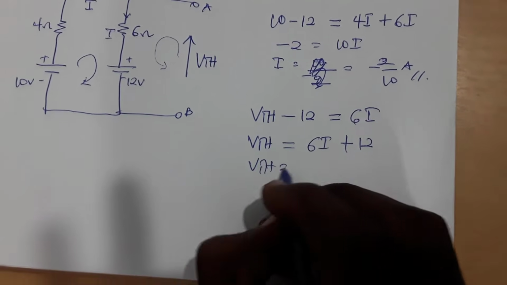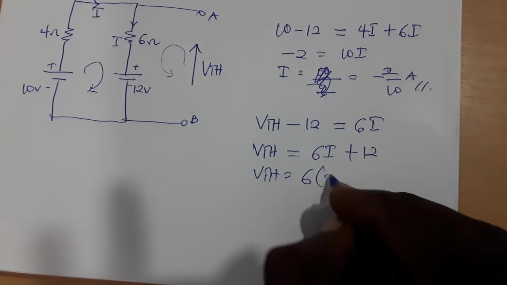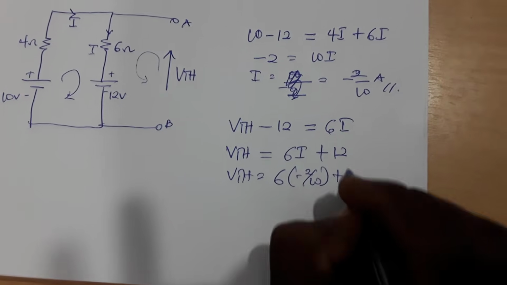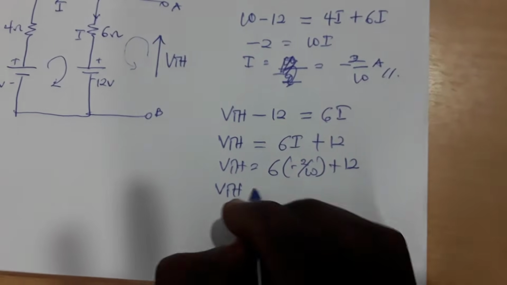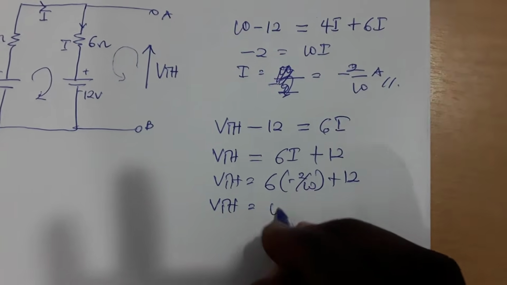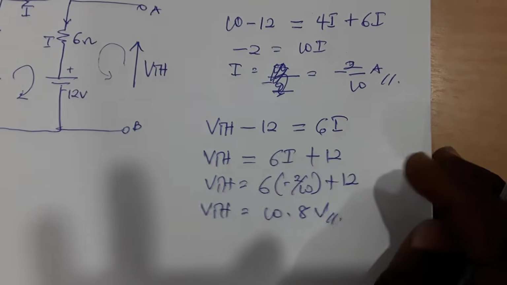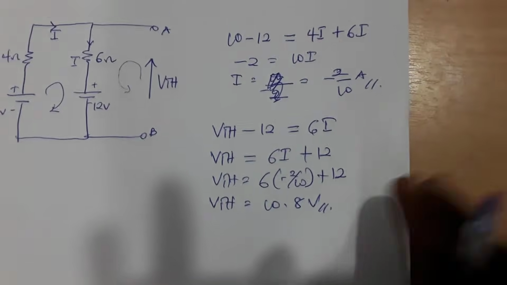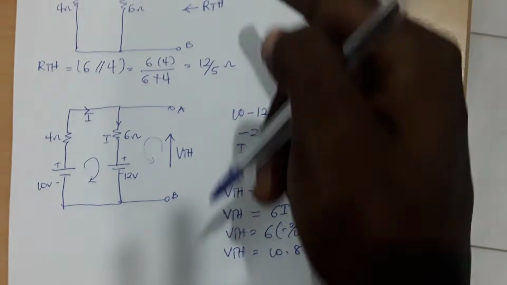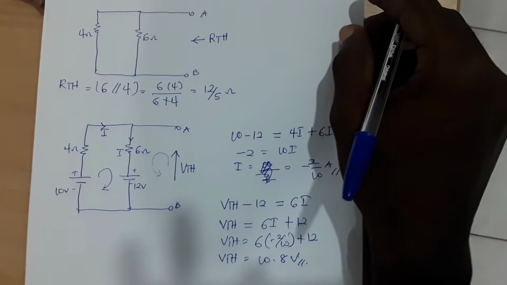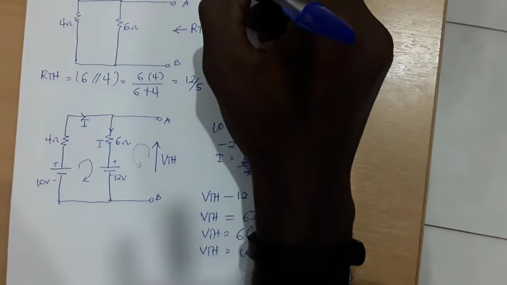So VTH will be 6 times the I. We had minus 2 on 10 plus this 12. So VTH should give us 10.8 volts.